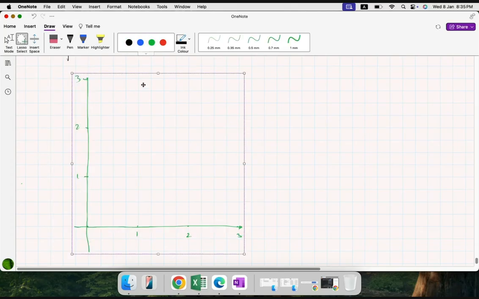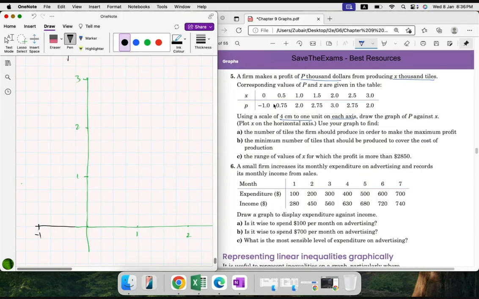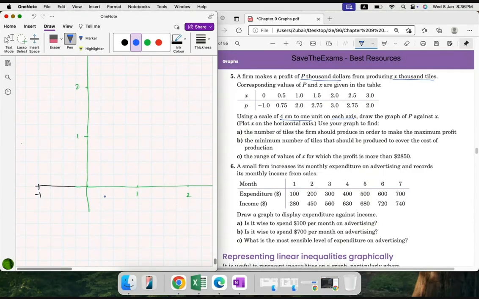Okay, 1, 2, 3, 4. So this is minus 1 and so on. Now let's just plot them. X0, y minus 1.